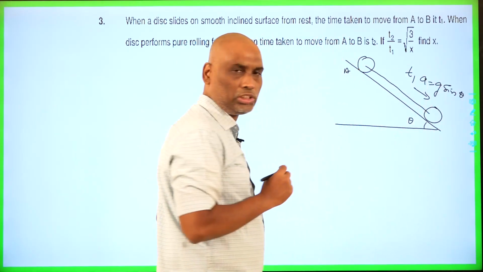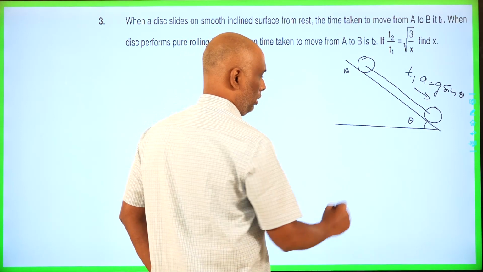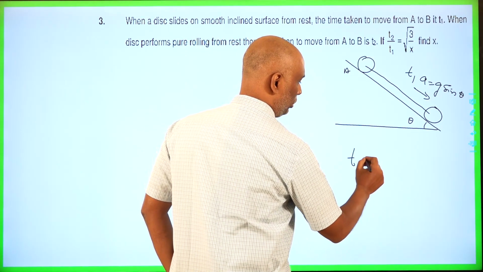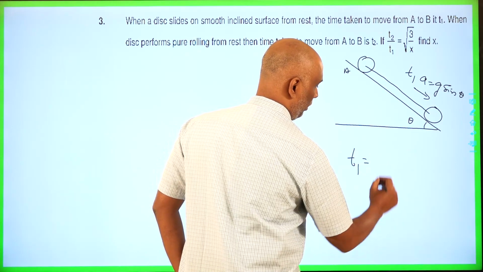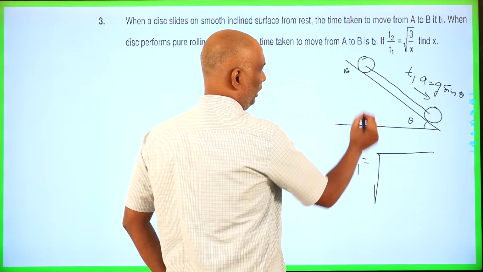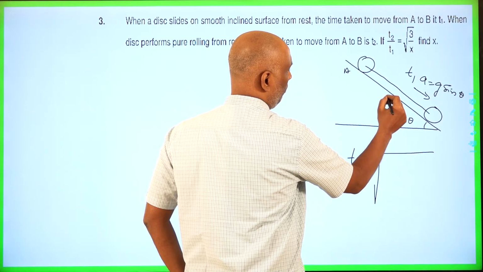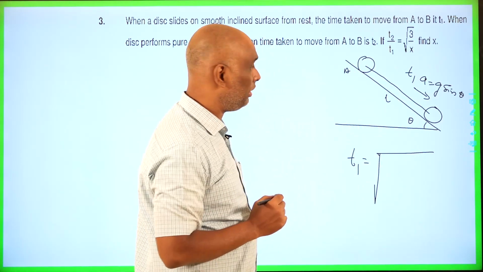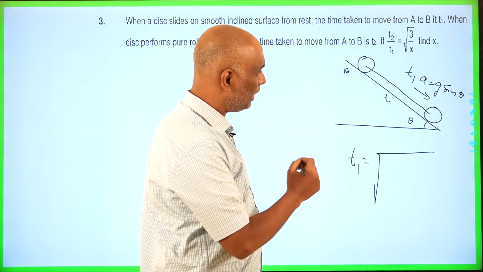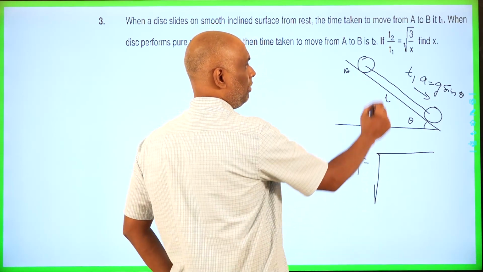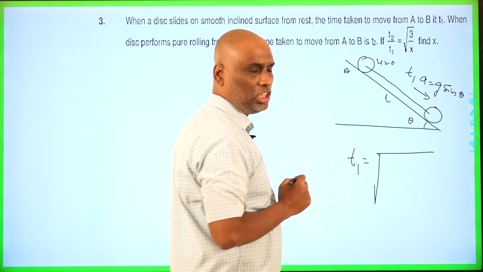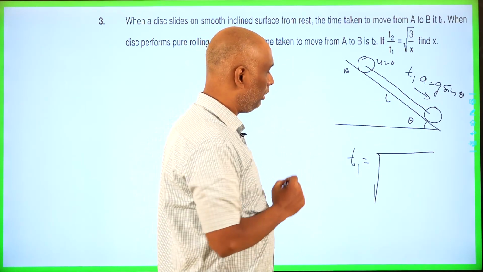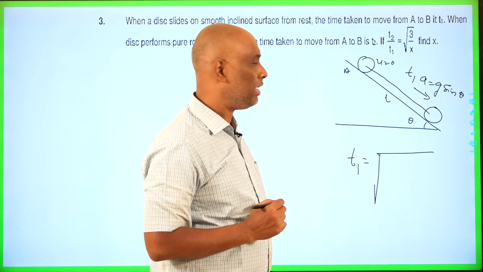If the length covered on the inclined plane is L, with initial velocity 0, then applying S equals ut plus half at square, t equals under root of 2s divided by a.